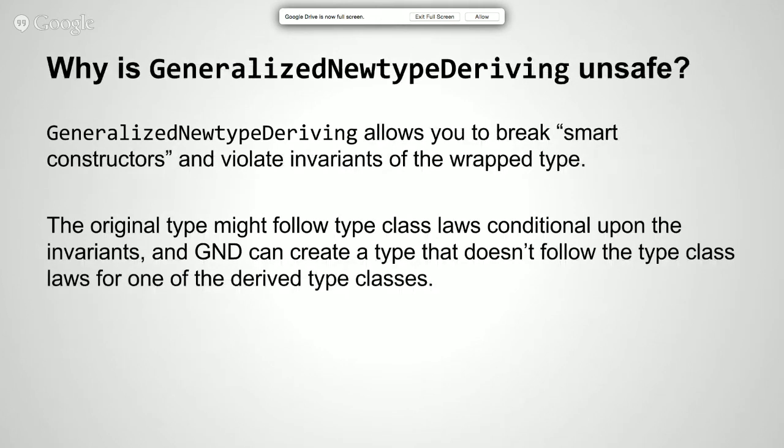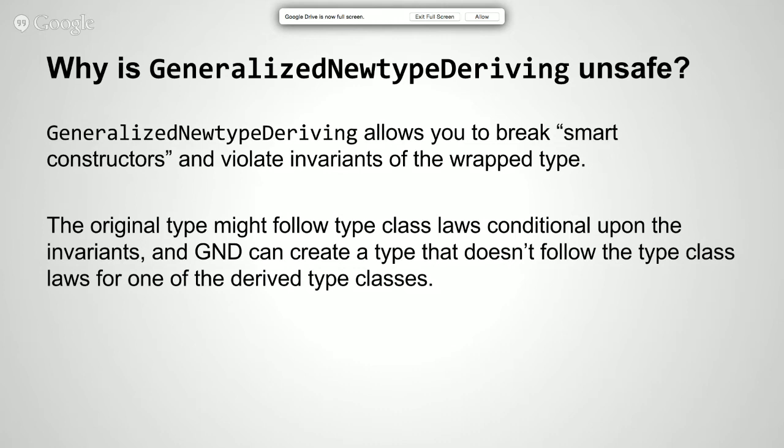The reason it can be dangerous is because there's a pattern called smart constructor of saying, you know what, I don't want my type to be able to hold every value that the fields say it can hold. And generalized newtype deriving can be used to break the smart constructor pattern. And that's a problem because if the original type only follows the type class laws, which you do want to follow because otherwise it's bad practice, and the compiler is aware of type classes and might make incorrect optimizations.